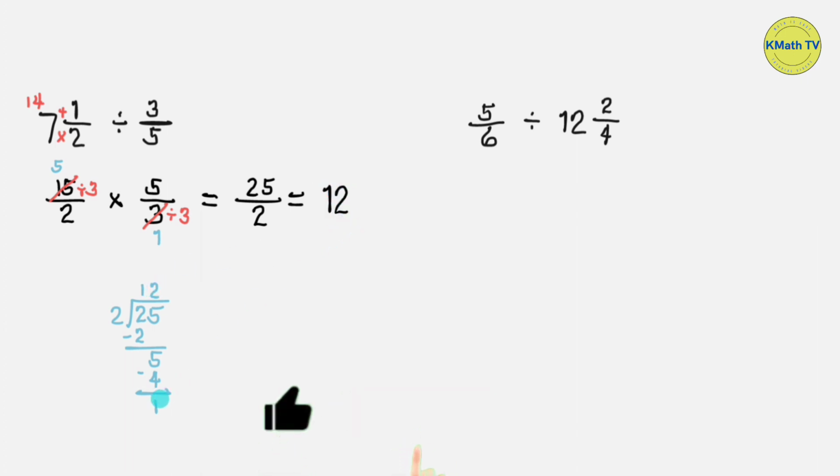The remainder 1 is the numerator. And the divisor 2 is the denominator. Okay, just remember that if we change improper fraction to mixed number, the denominator does not change. Okay, the final answer is 12 and 1/2.